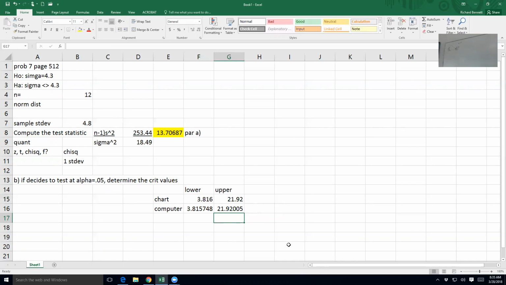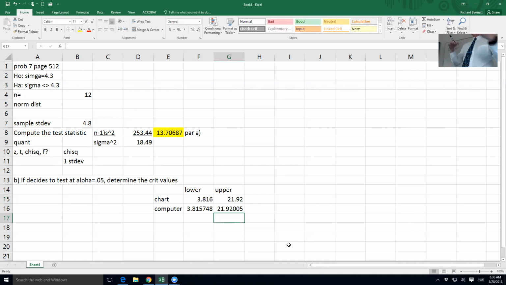On a computer, with all the tests, I don't understand the difference between using this function and the inverse. Okay, that's a good question. For those of you at home who are listening, the question was the difference between dist and inverse. Because you have T dist, you have T inverse.